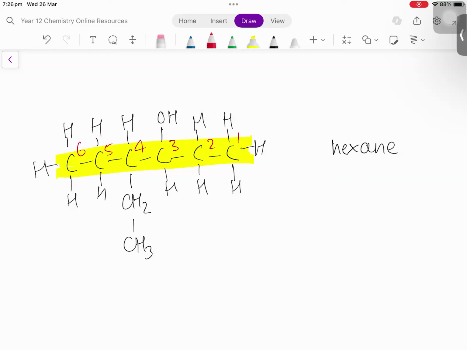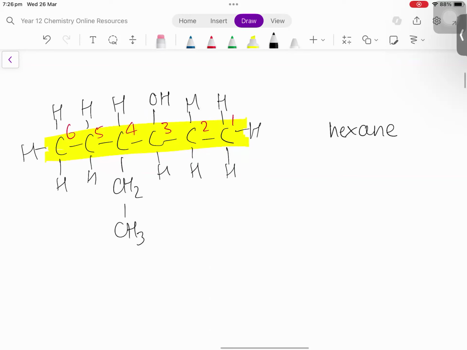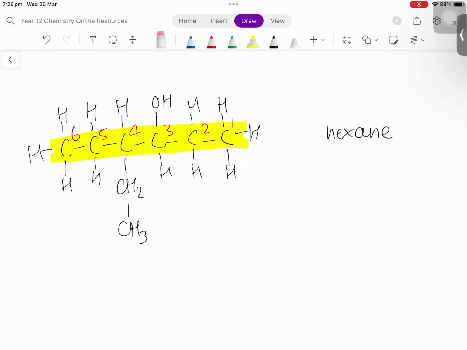Now you've got a main functional group to worry about here, which is the OH. Okay, you were just naming the carbon chain. I haven't named the functional group yet. I've just named the carbon chain, so it's hexane. I'm going to get rid of the E. What's the suffix if there's an OH? You just added it to your summary table. Oh, cool.